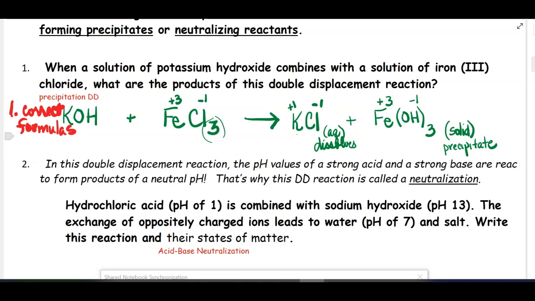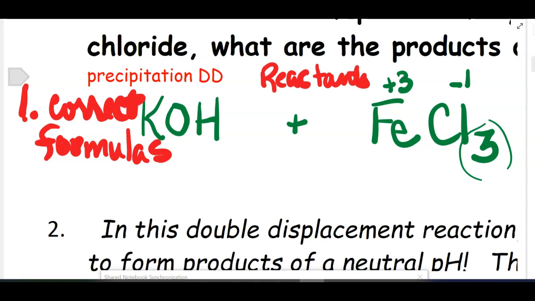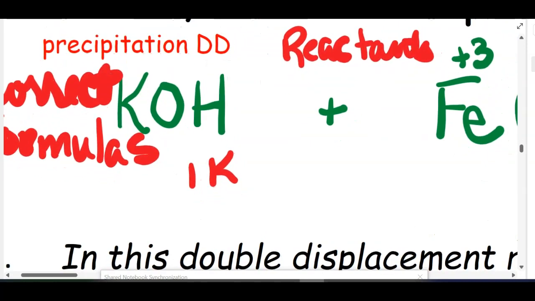All right, let's count metals first. Potassium. How many potassiums are on the reactant side? Aaron, how many potassiums are on the reactant side? These are the reactants. How many ions of potassium are there? Well, how many does it say? KOH. Just one. We're going to treat this whole guy as one.